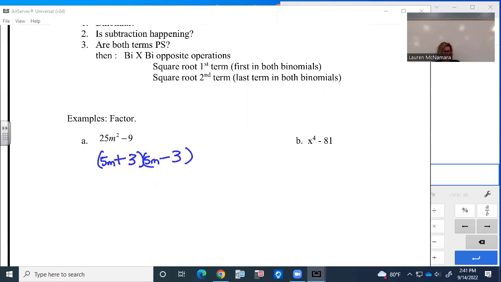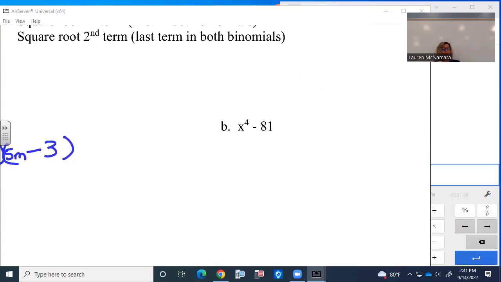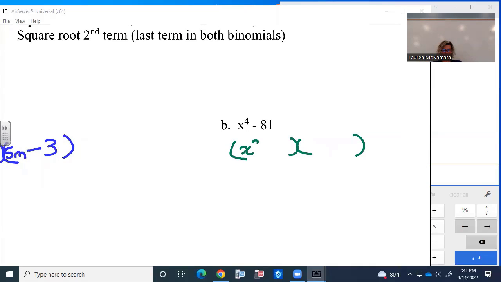So looking at number A, we have to do a little bit more with B. With B, I have binomial times binomial, perfect square, x squared plus minus 9 and 9.